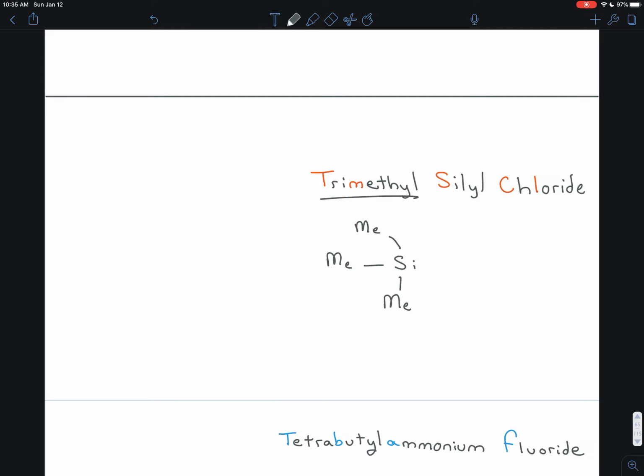So trimethyl, you have 3 methyl groups coming off the silicon, and then the 4th bond here, silicon is in the same group 4A as carbon, so it forms 4 bonds just like carbon does. The 4th group is going to be a chlorine. So that's trimethyl silyl chloride.